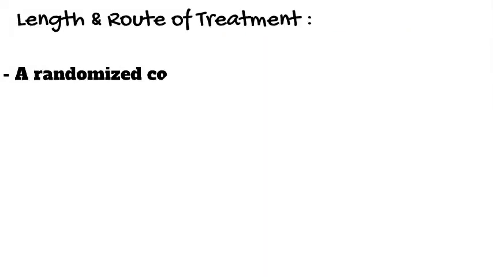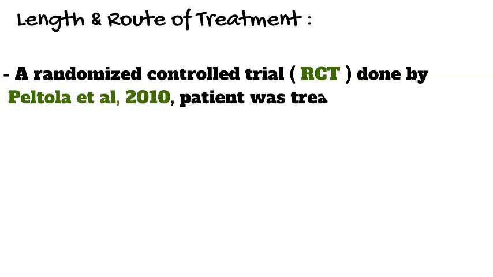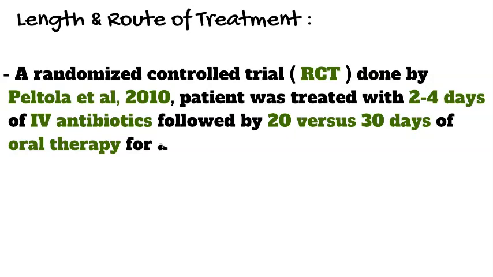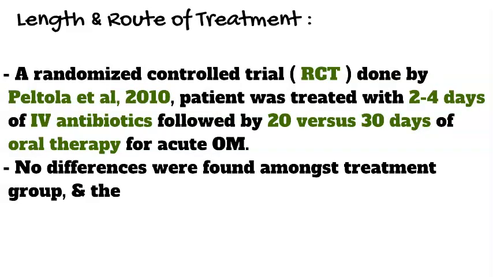A randomized controlled trial, RCT, done by Peltola et al., 2010. Patients were treated with 2 to 4 days of intravenous antibiotics followed by 20 versus 30 days of oral therapy for acute osteomyelitis.